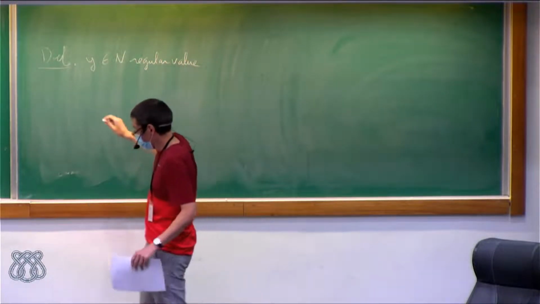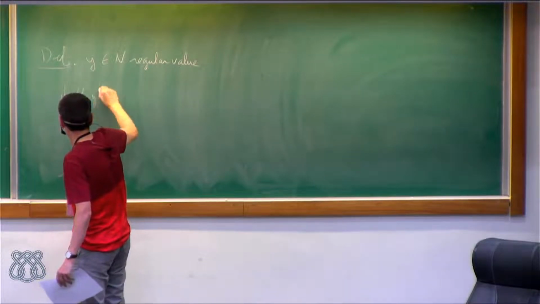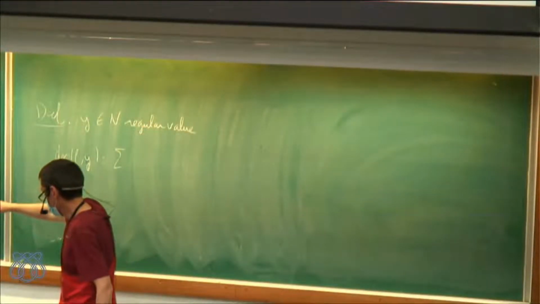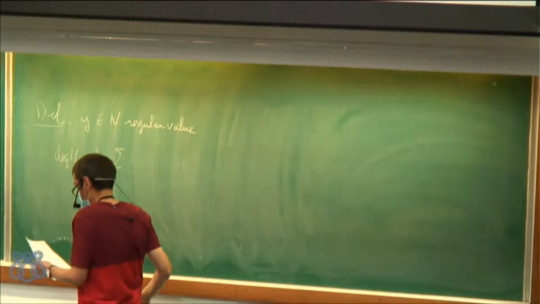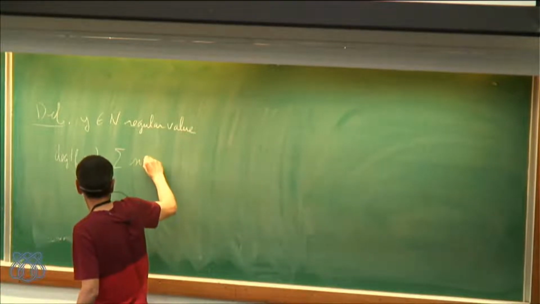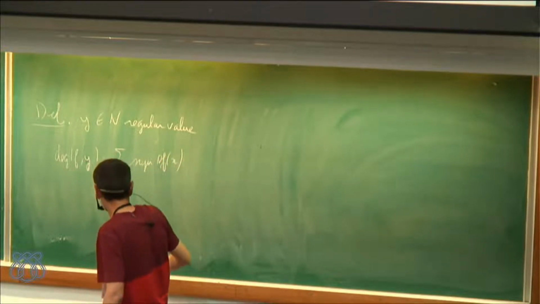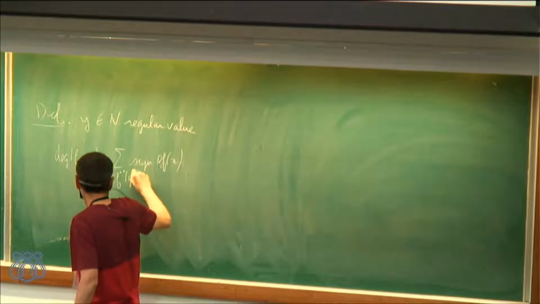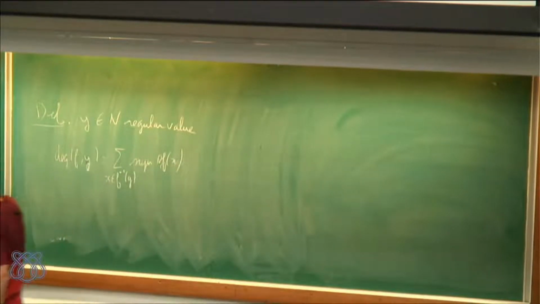And so the degree of F at y is just the sum of these signs over all the pre-images of y. So the sum of the sign of the differential of F at x, where x is in the pre-image of y. So this is well defined because this is compact.